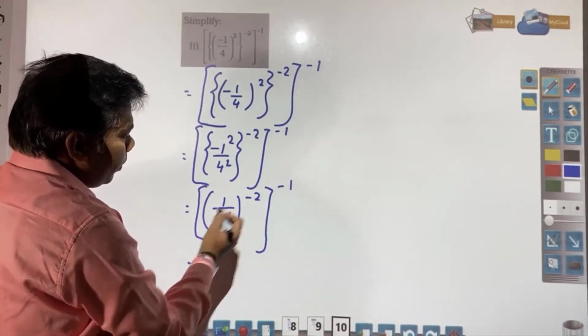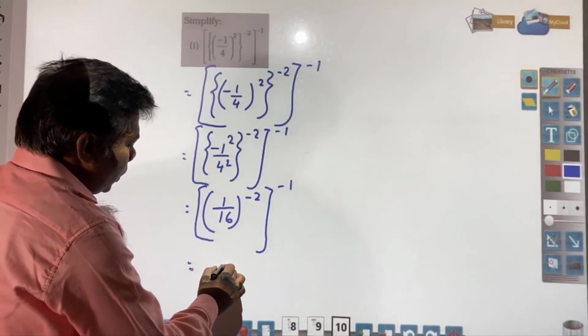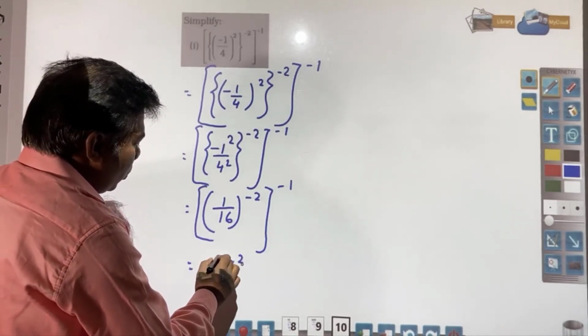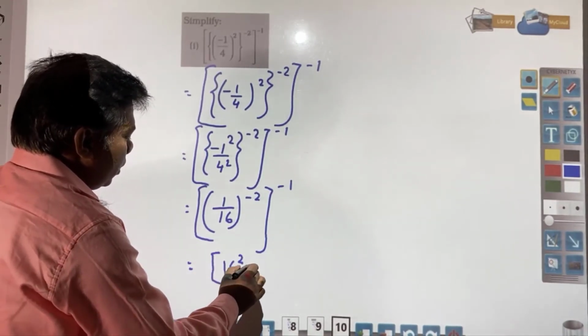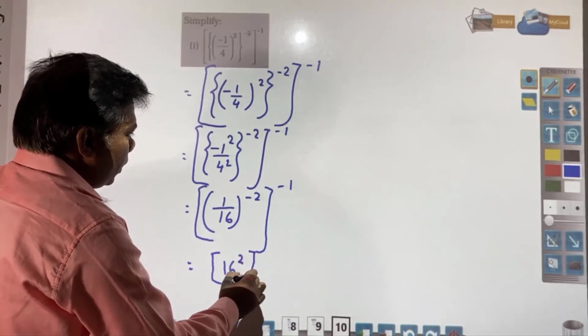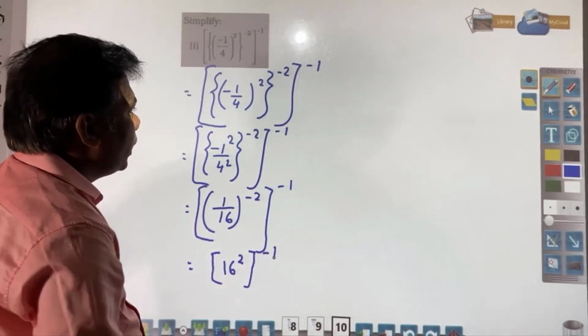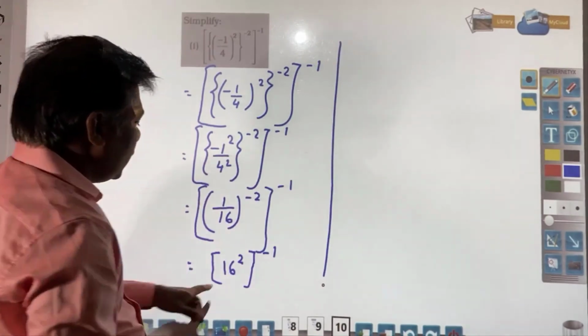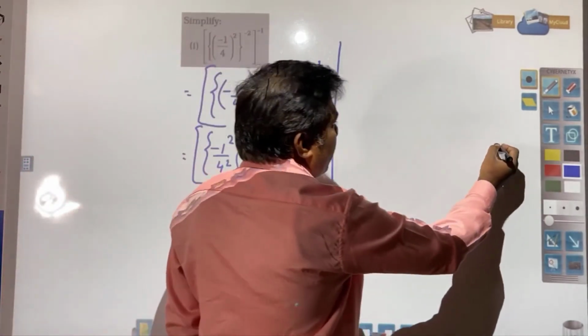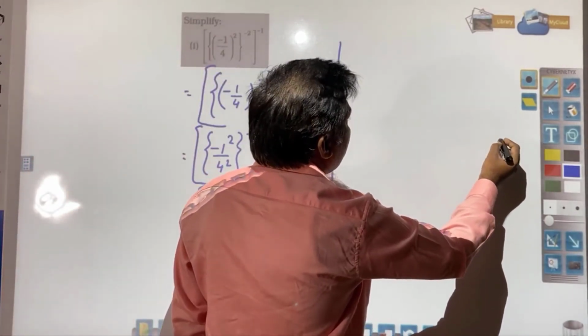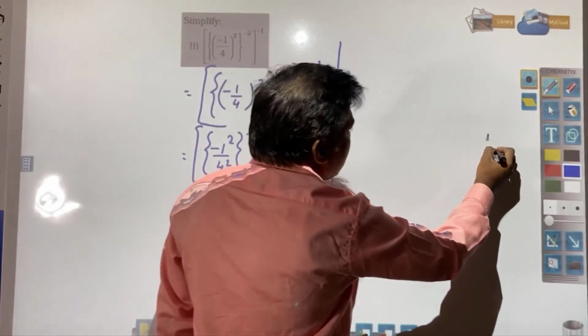Here the inverse of this will become 16 to the power 2, and then to the power minus 1. It means 16 and 16 you multiply. So this will be 256.